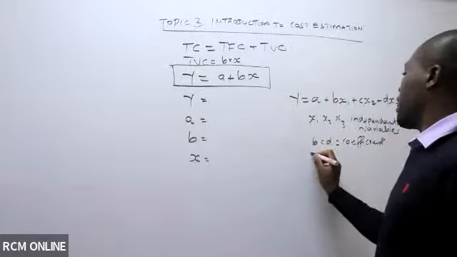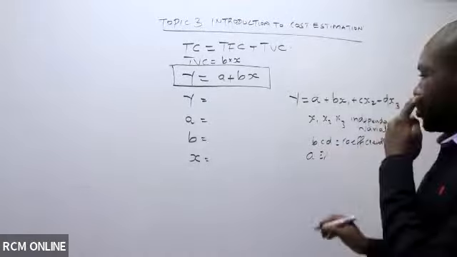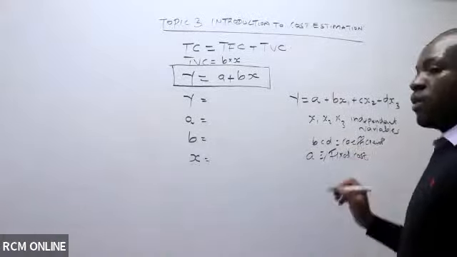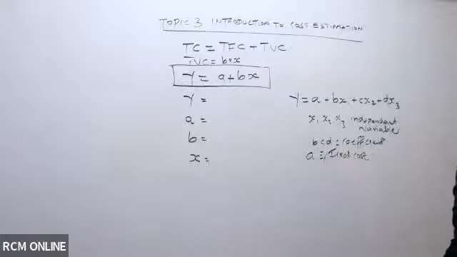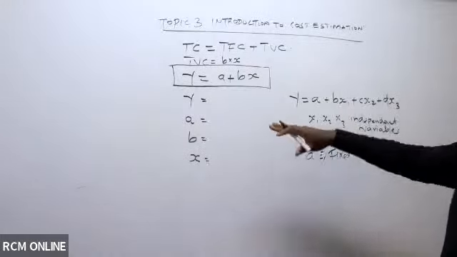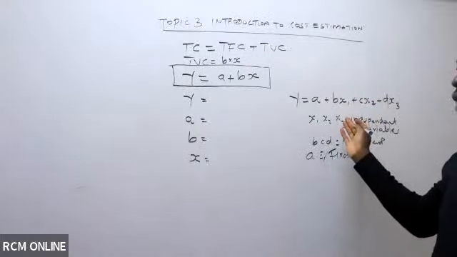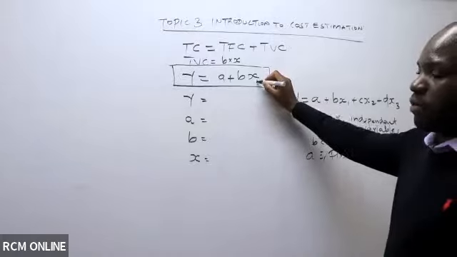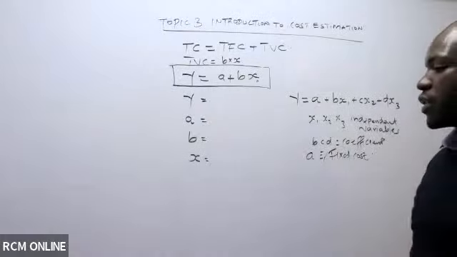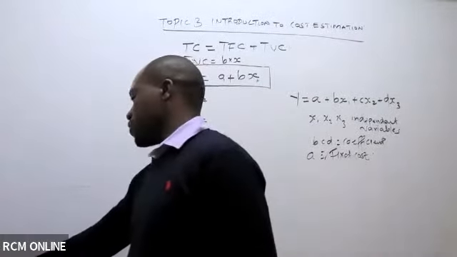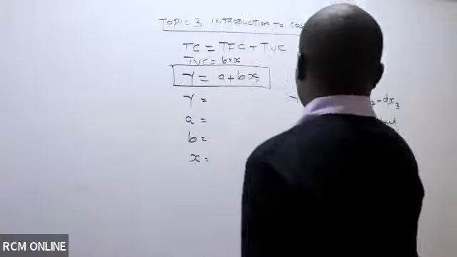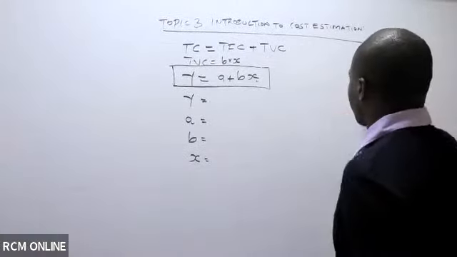A being independent, we call it fixed cost. So that's what we are going to deal with when we get to advanced management accounting. But at this particular point, we only have one independent variable. That's why we are talking about the introduction to cost estimation. Good.